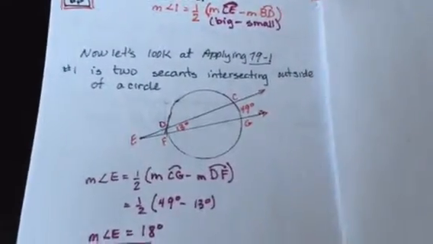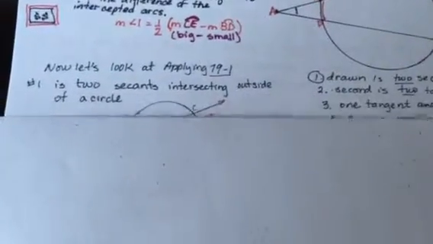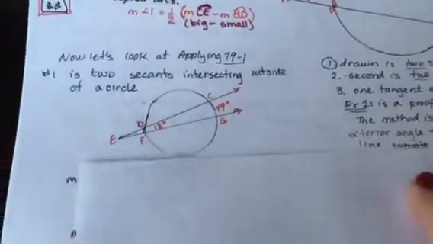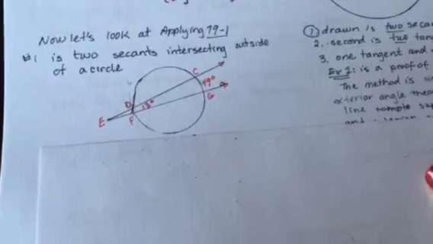So the second problem is 2 secants. Number 1 up here, we have 2 secants, and this is example 2A in your book. Here is what is given.